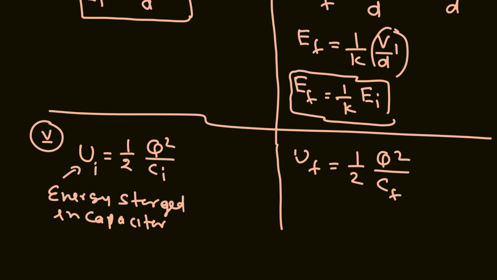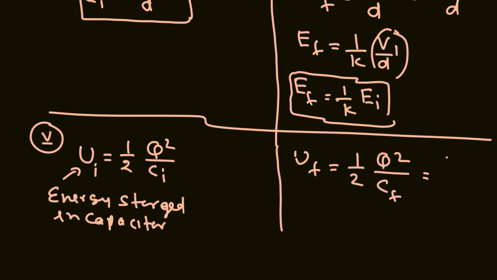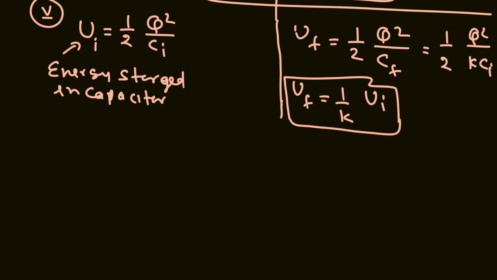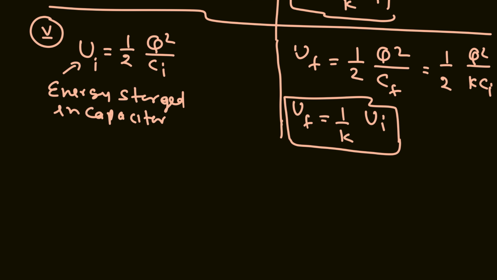Then C final is K times C initial, so we get 1 by 2 Q squared by K C initial. Then U final is 1 upon K times U initial, which means the energy stored also decreases. Now the fifth part is completed.